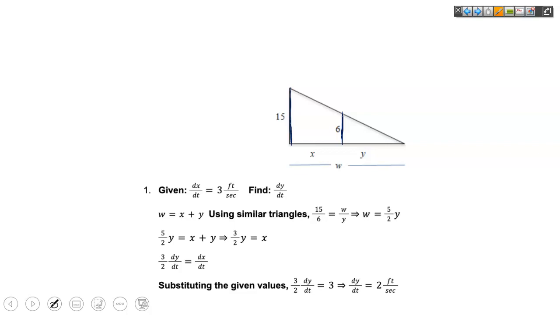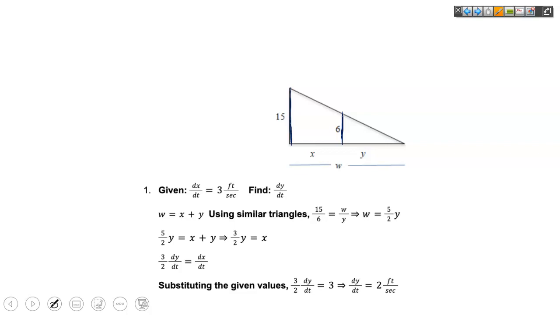So the width of the entire triangle is W, and you don't have to call it W, you can call it whatever you want. So x plus y is going to equal W. The reason you want to get x and y together is because that's going to create the related rate for the triangle. So W equals x plus y.